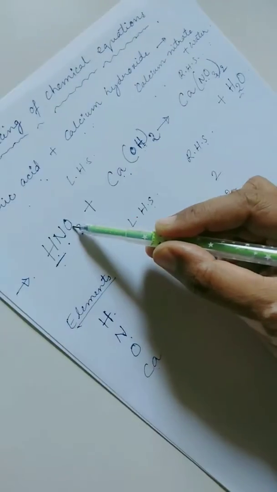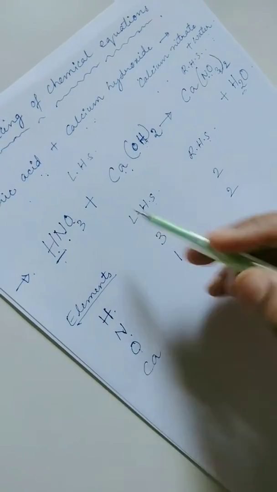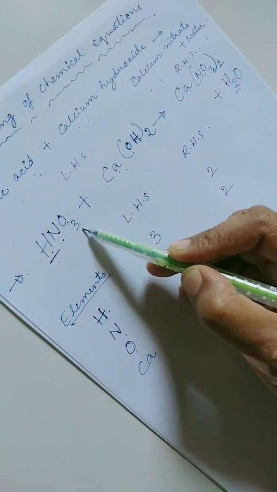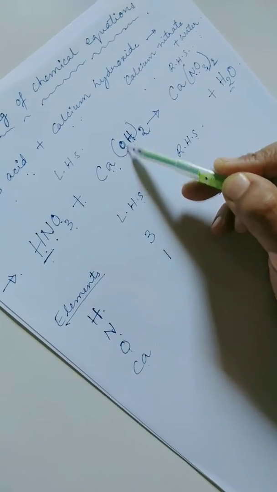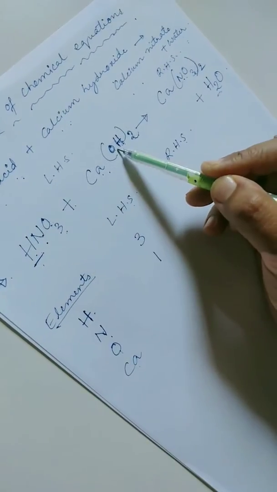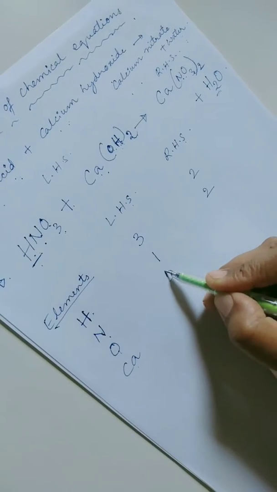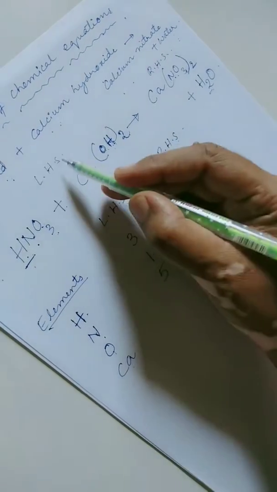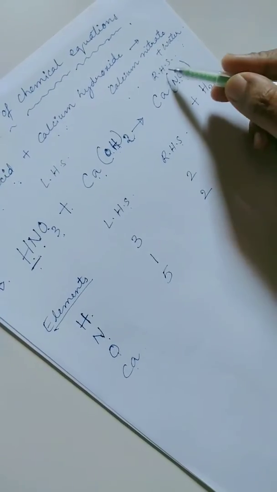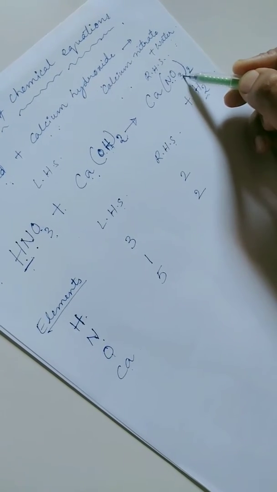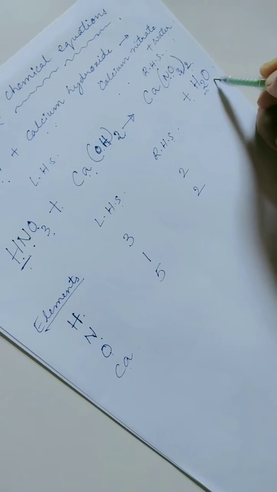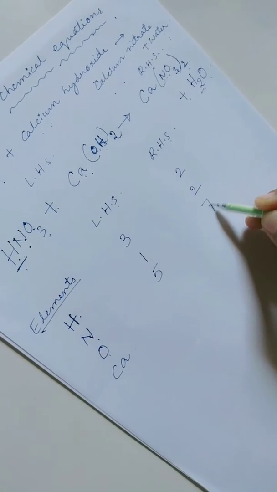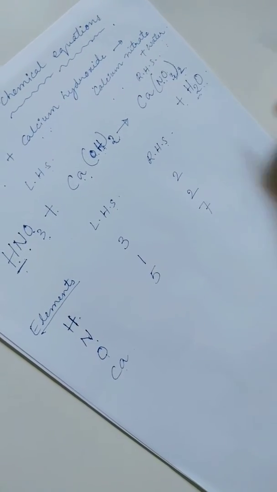Coming to oxygen, we have 3 atoms of oxygen plus, how many do we have here? Yes, it's 2. So 3 plus 2, altogether we have 5 atoms of oxygen on the LHS, and we have here 3 into 2, that is 6 atoms plus 1, that is 7 atoms of oxygen here.